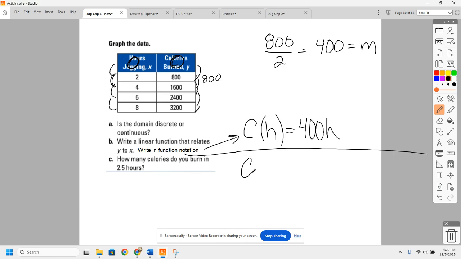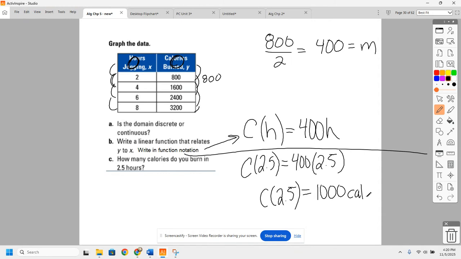I'm going to go calories at 2.5 hours is equal to 400 times 2.5. And I'm going to do some math on that. Calories at 2.5 hours equals 1,000 calories would be burned in 2.5 hours.